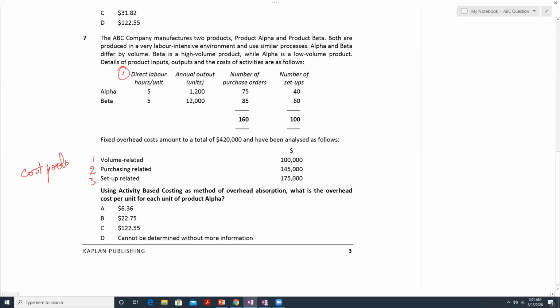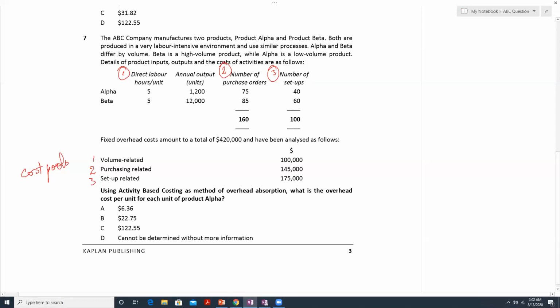For purchasing related overheads, the cost driver is number of purchase orders, and for setup related overheads, the cost driver is number of setups.